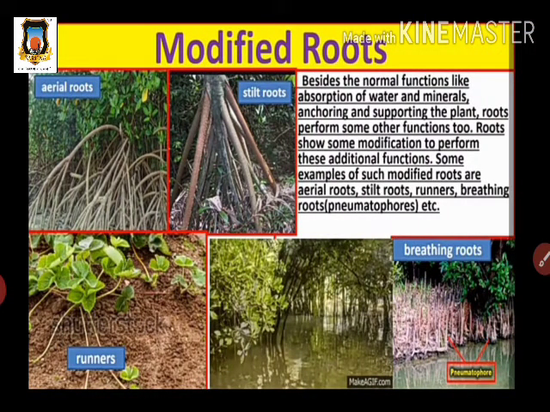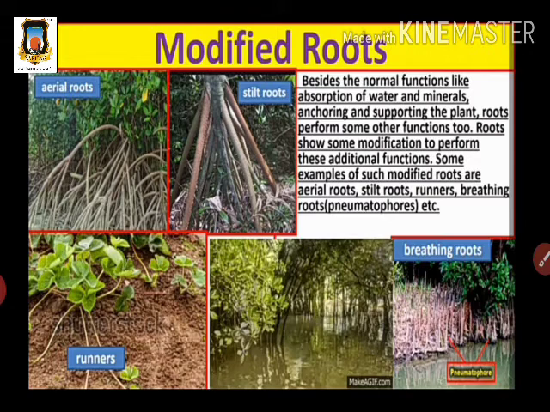So here we see the next topic, that is modified roots. Some examples of modified roots. Besides the normal functions, which are absorption of water and minerals, and anchoring and supporting the plant, roots perform some other functions. So roots show some modification to perform these additional functions.